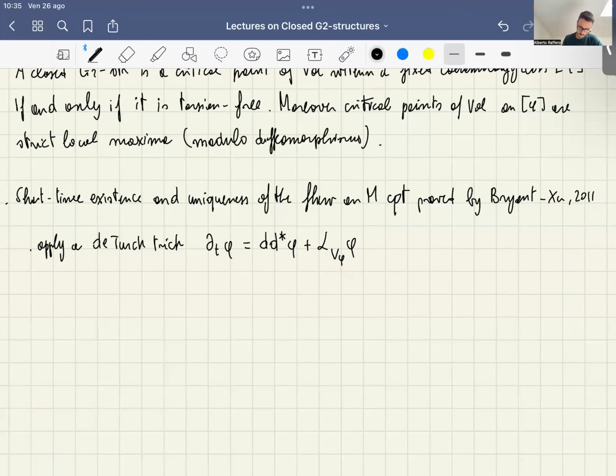And so this is equal to d star phi, and since phi is closed, applying Cartan formula, here you get plus the differential of the contraction of phi with the vector field. And let me denote this operator here as E. So we have this operator E acting on phi.